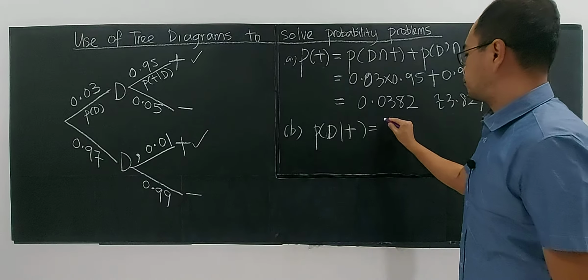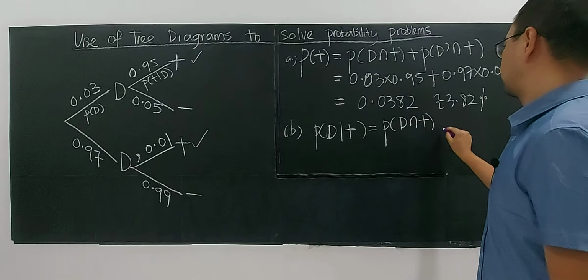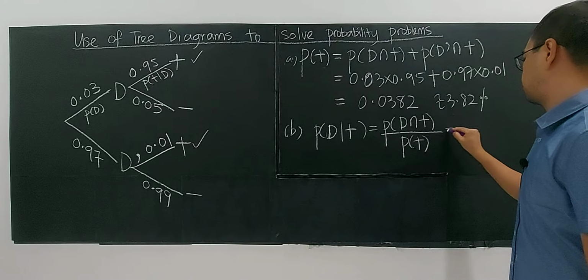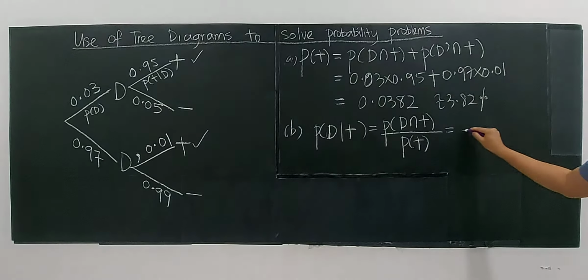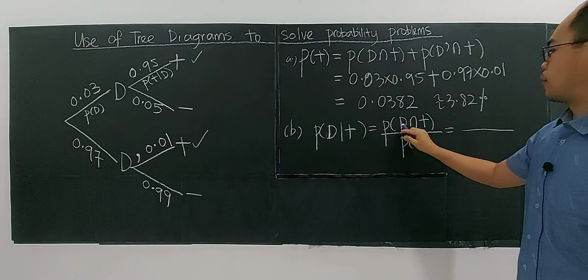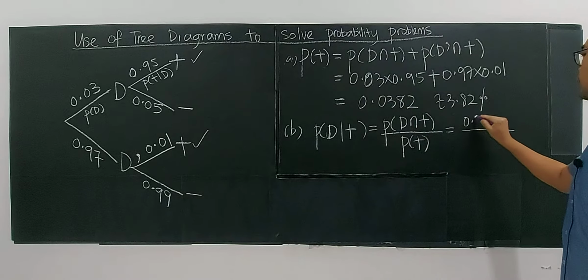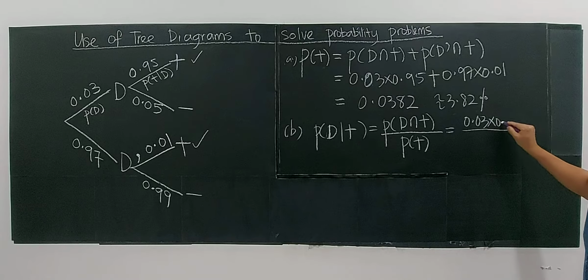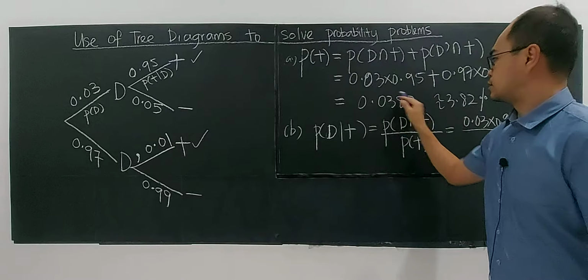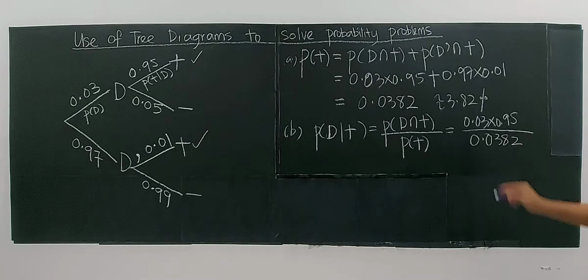So that means the probability that the person has the disease and is positive, divided by the probability of positive, right? The disease and positive is this one, 0.03 times 0.95, divided by 0.0382.